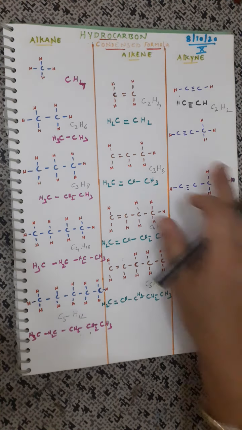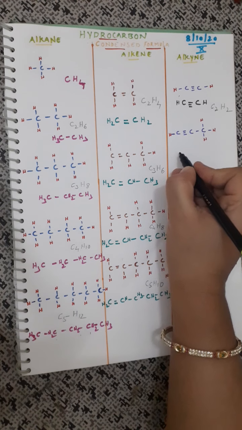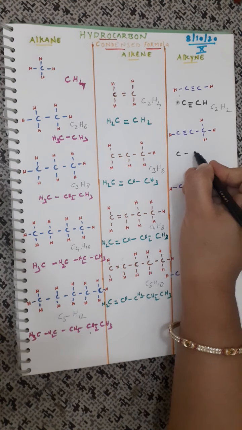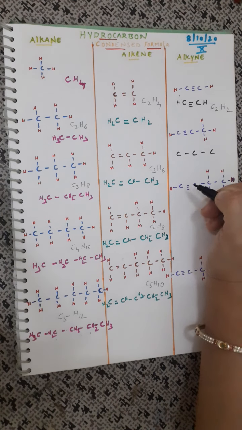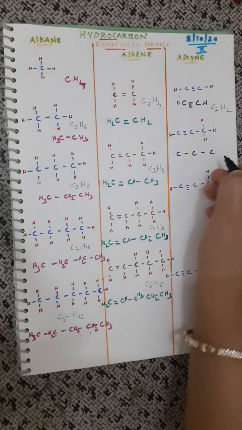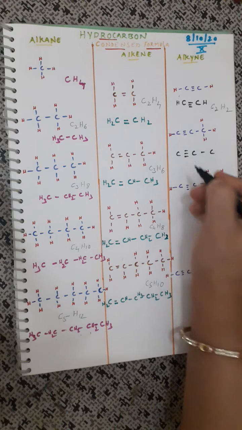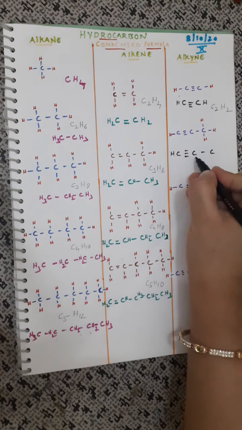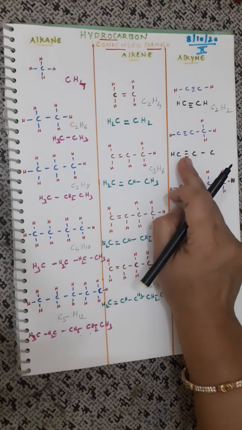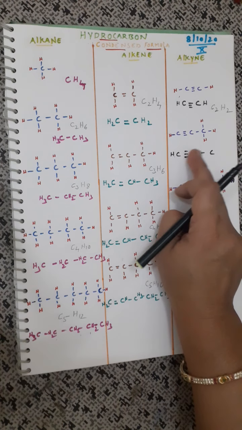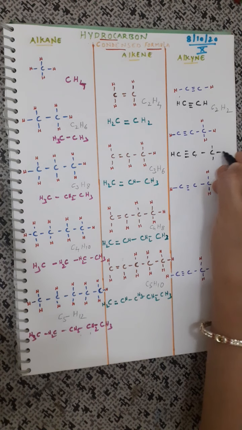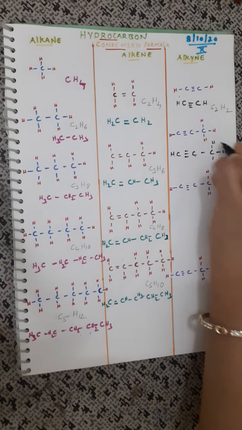Then come now to the next case, the second case, that is propyne. So 1, 2, 3. Now what is my second step, children? Yes, placing the bond. Which bond? Triple bond. Now arrange the hydrogen. First carbon, 1. Second carbon, no hydrogen, because all the electrons are satisfied between the carbons. Third carbon, how many? 3 hydrogens.